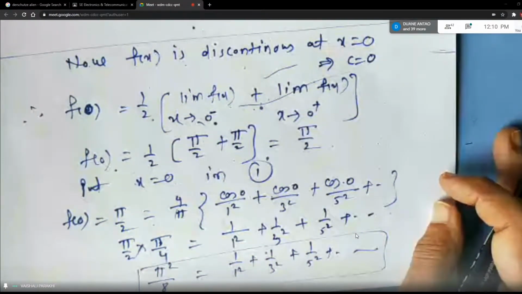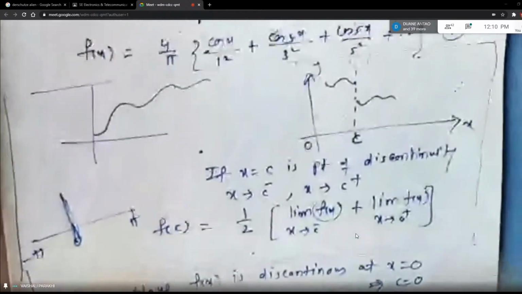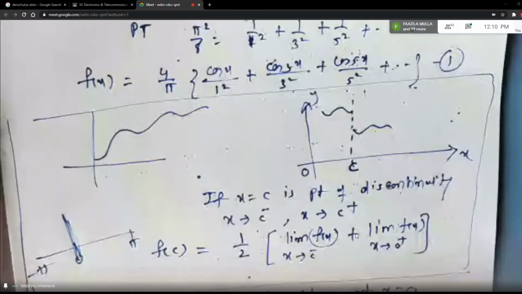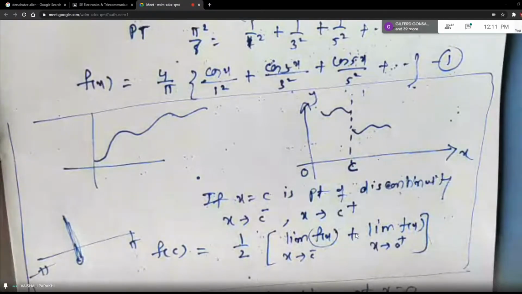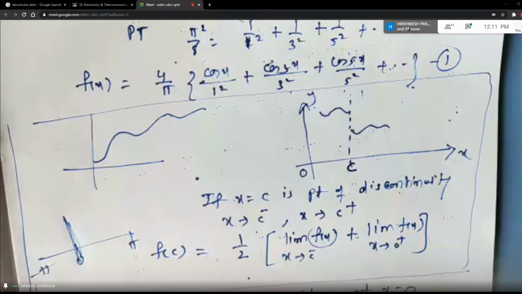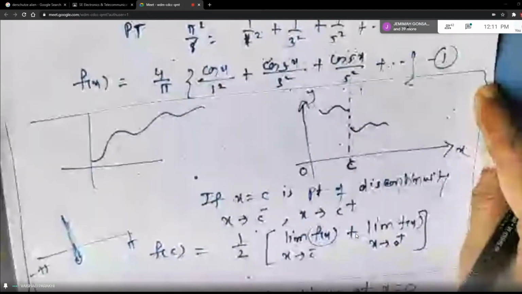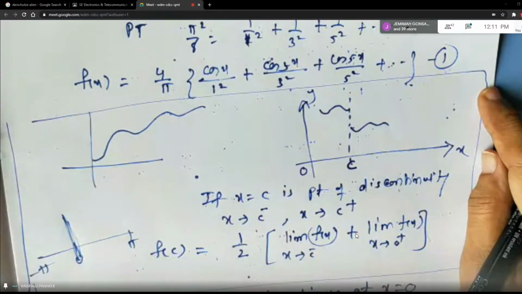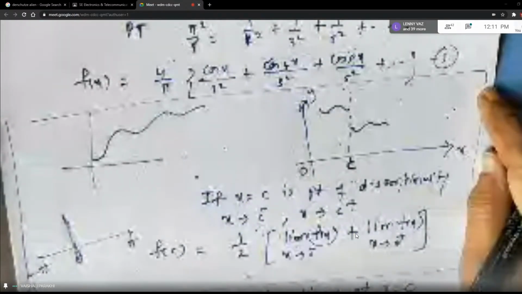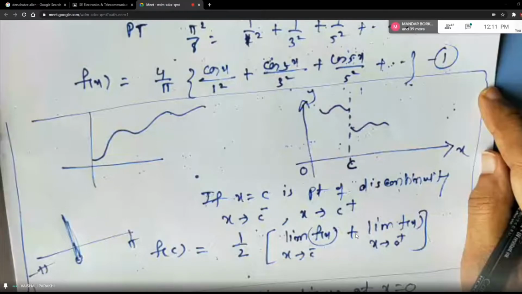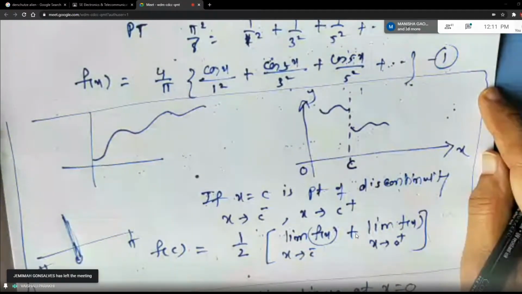Yes, could you explain the top part, that part of discontinuity again? Yes, this one. Yes, miss. Okay, done.